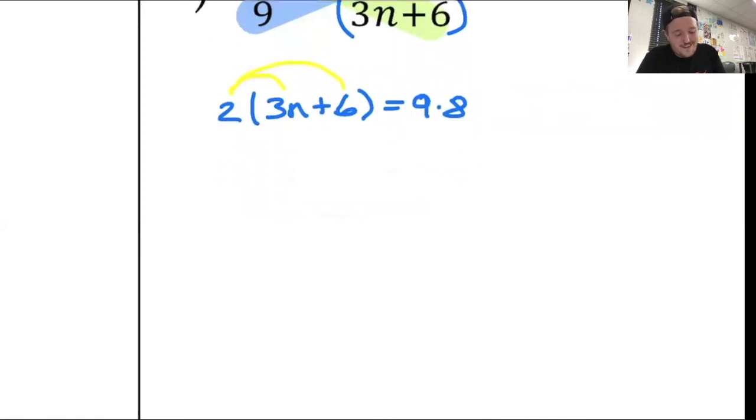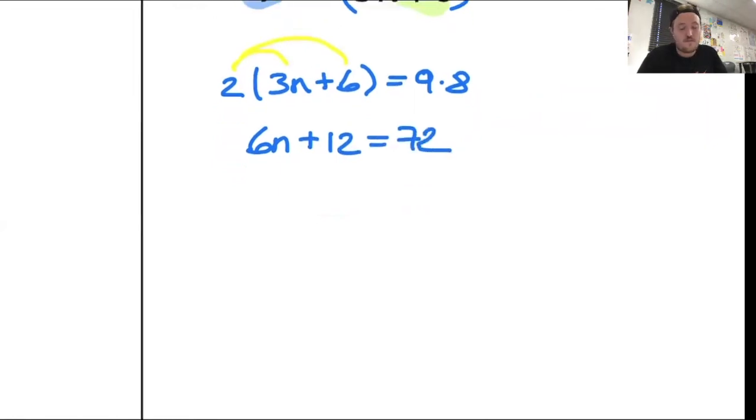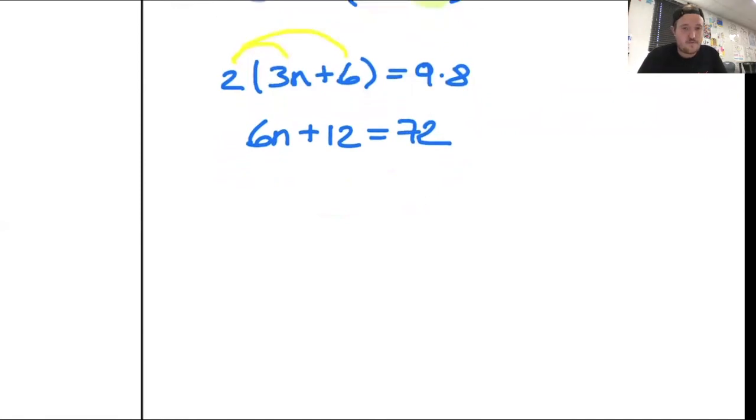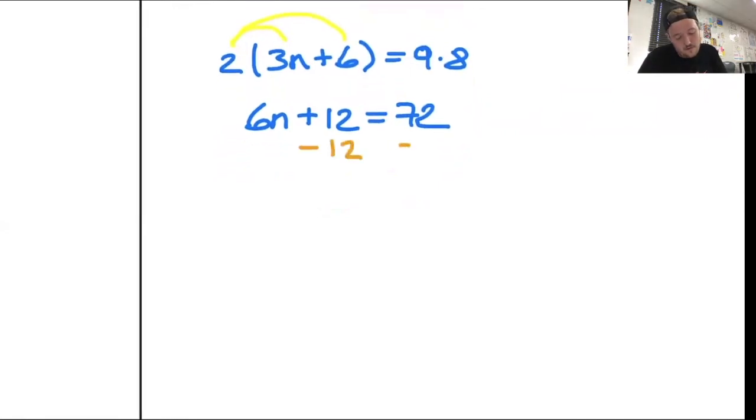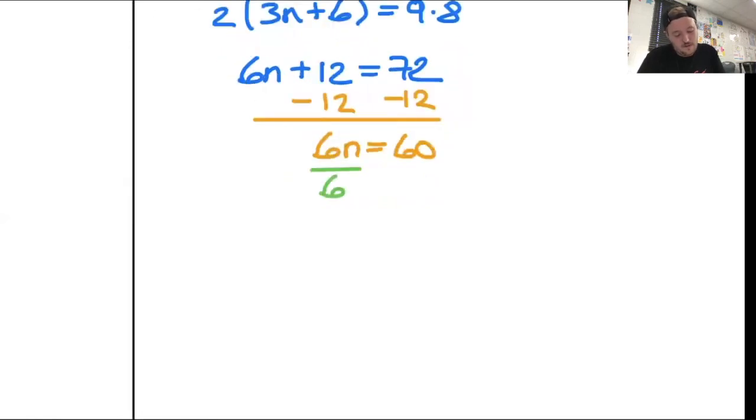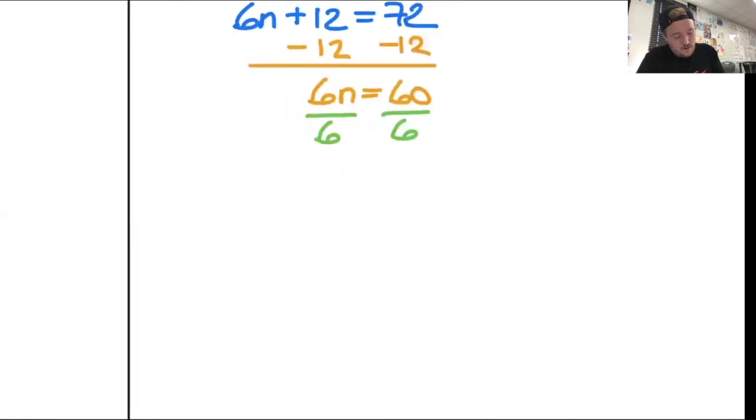So 2 times 3n gives you 6n, plus 2 times 6, which gives you 12, and 9 times 8 gives you 72. All right, solve the equation. I'm going to subtract 12. So I have 6n equals 60. Divide by 6. So you're going to have n equals 10. Boom.